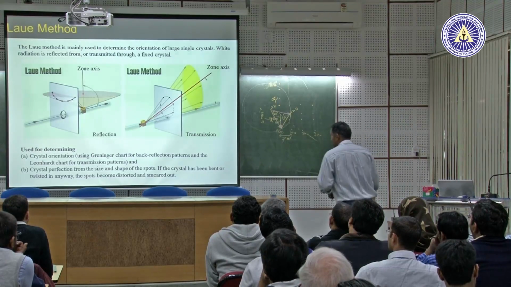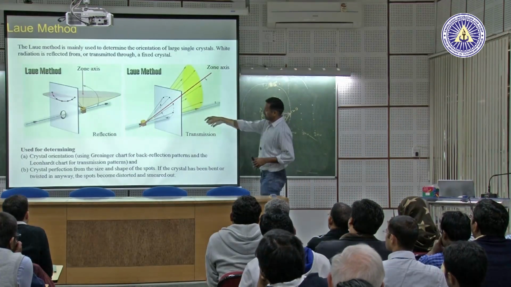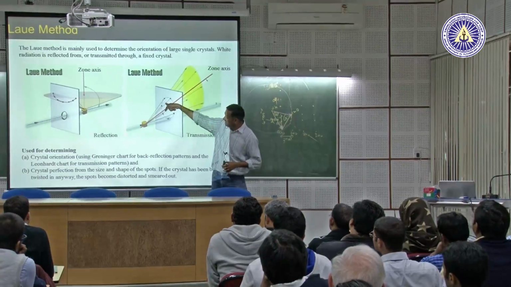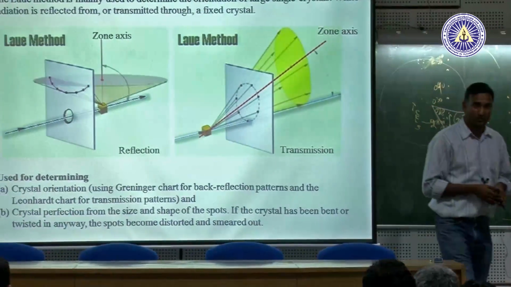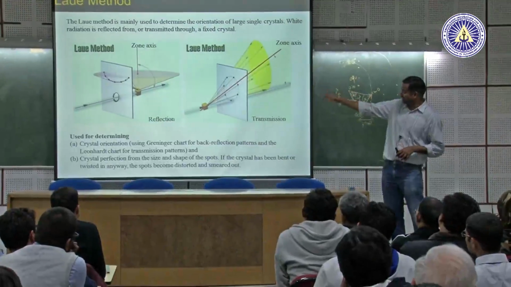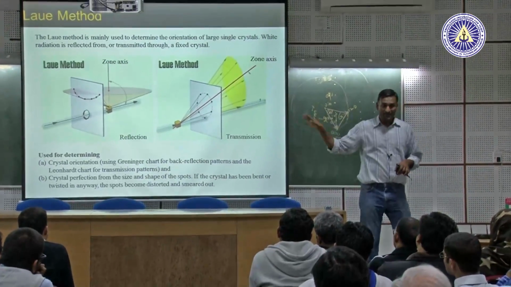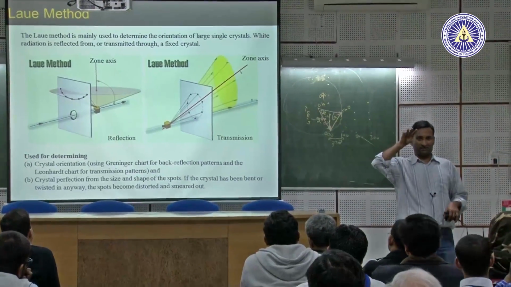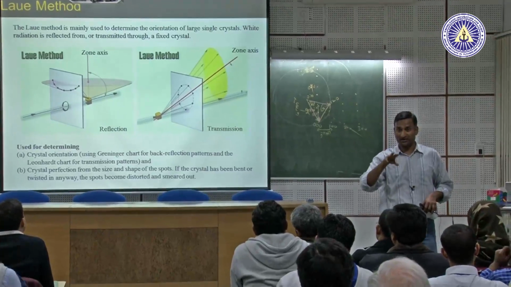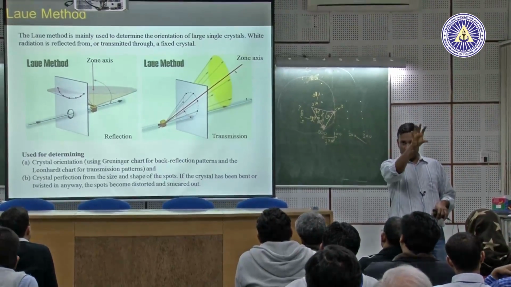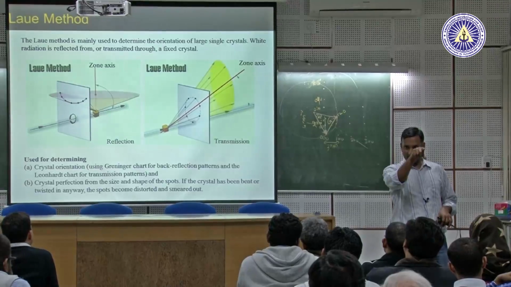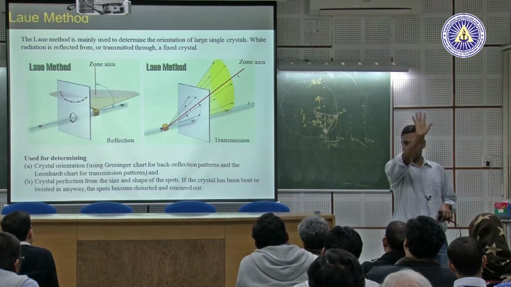Now, because of the orientation relations of planes, if you go back to stereographic projection, it's like you have a crystal and you're looking at it, so you make a 2D projection.